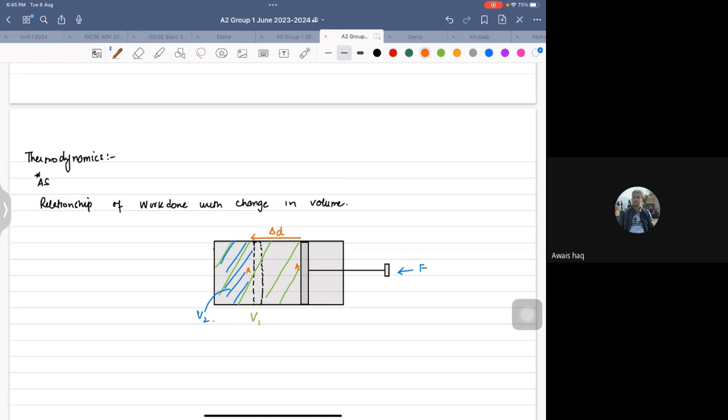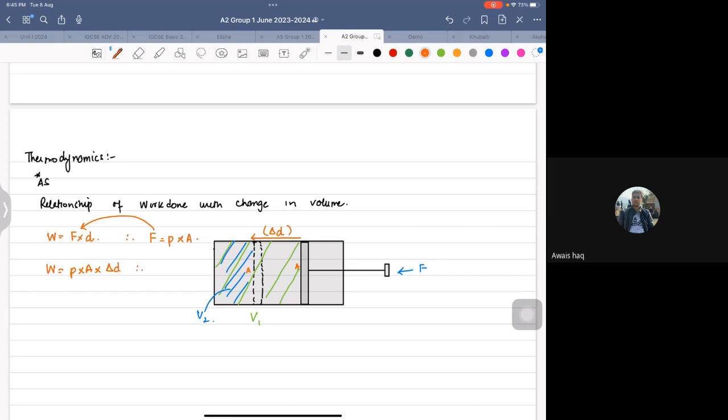So work done, we've learned, is force times distance. And we also know that force is pressure times area, or pressure is force over area, simple, right? So we're going to replace this force right here. Work done will be pressure times area times distance. In this one, I'm going to write change in d because that has occurred here.